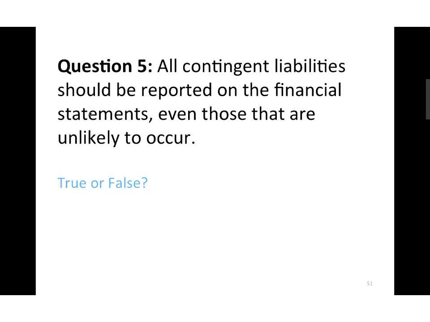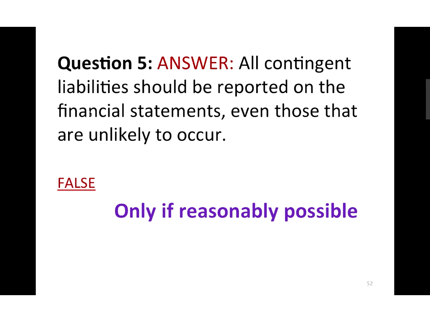What do we do? Okay, go ahead. Okay, and that is false, because we only recognize a liability that's reasonably possible or probable. But if it's remote, if it's unlikely to occur, you're not going to see that liability in the financial statements.